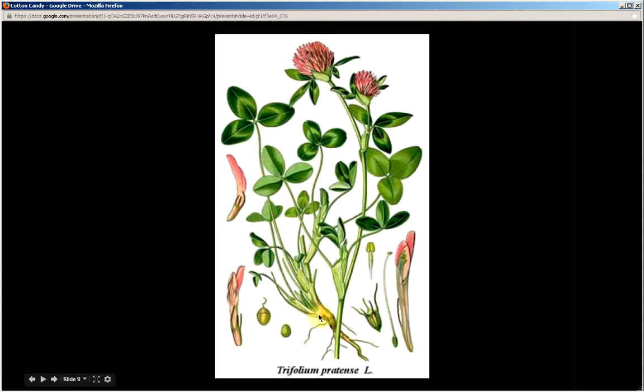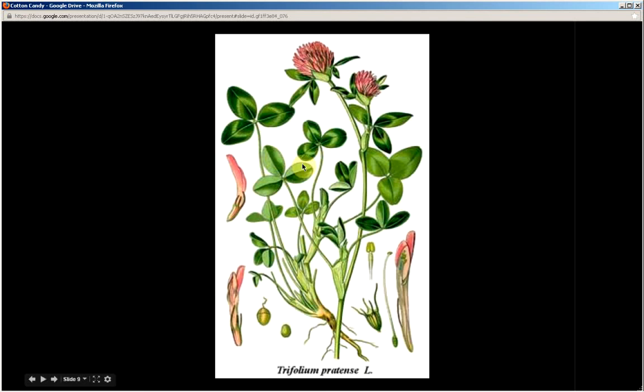This illustration shows us the taproot can be fibrous. Now the leaflets can either be pubescent or sparsely hairy on both sides, the top and the bottom surface.